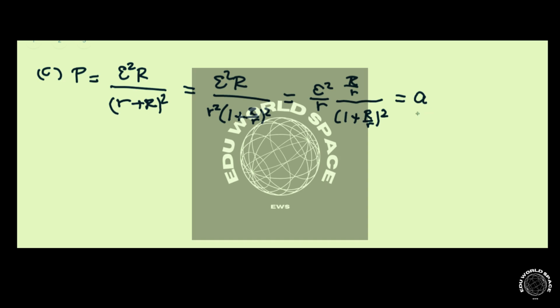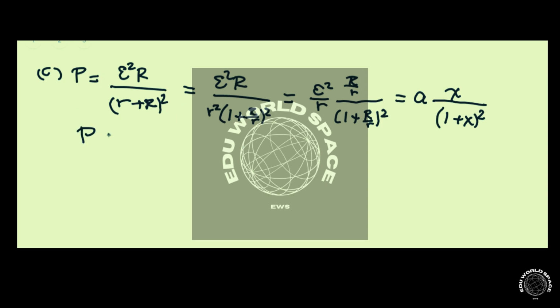And then let's define R over r, the value of the resistor over the internal resistance, let's call that x. So now we have written the power.